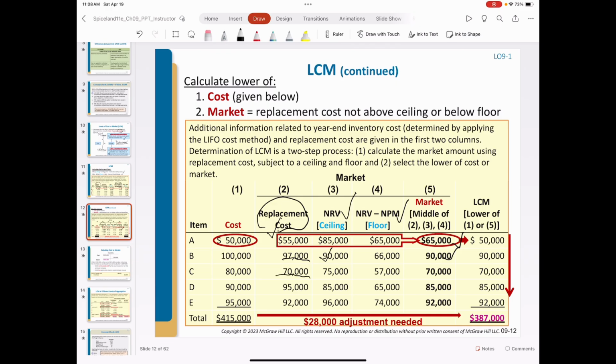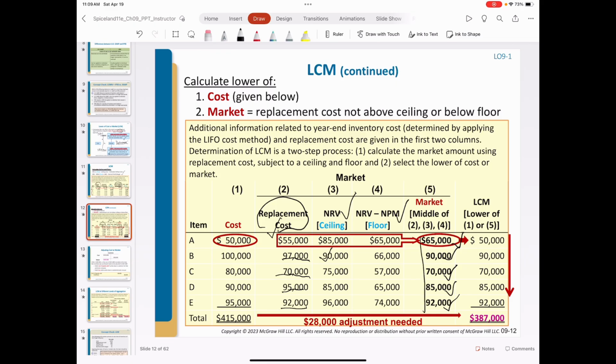Replacement cost for item C is between floor and ceiling, so we use replacement cost. D, it is greater than the ceiling, we use ceiling. 92, between ceiling and the floor, we use it. So finally, we have the market value.